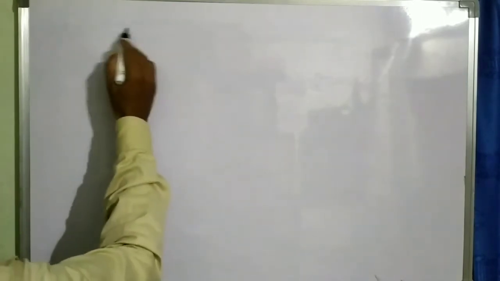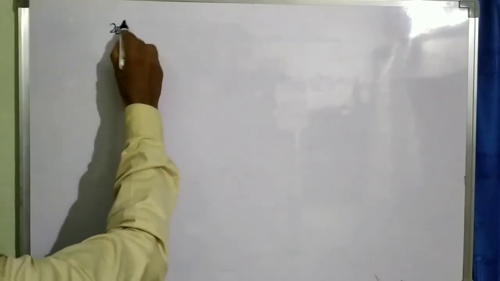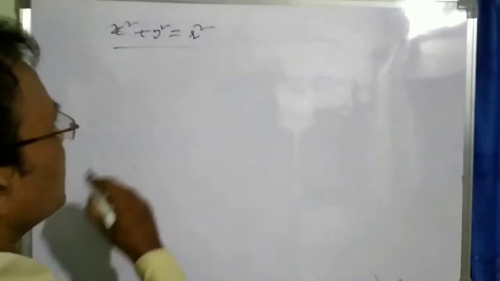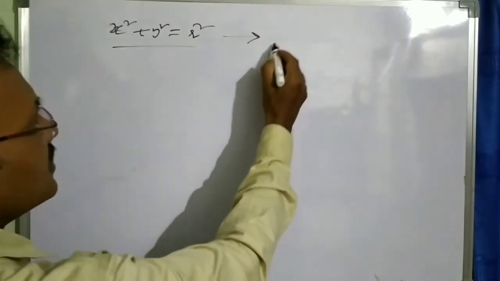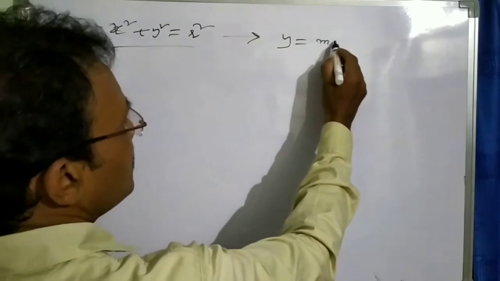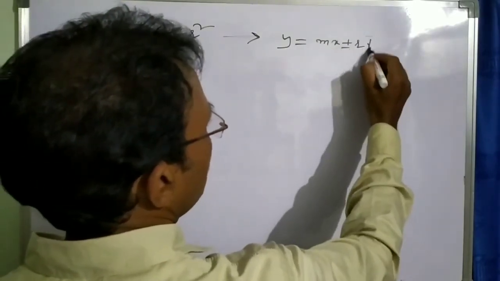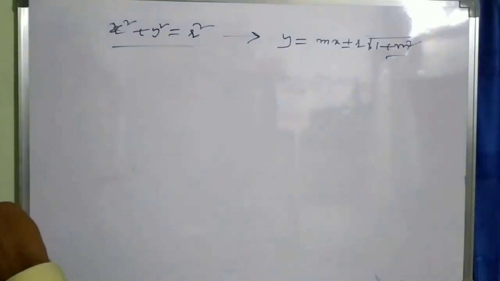For now, we can simply say, for the circle equation x square plus y square is equal to r square, this is the standard circle, its tangent equation is y is equal to mx plus or minus r into root over 1 plus m square. This is the equation of tangent.